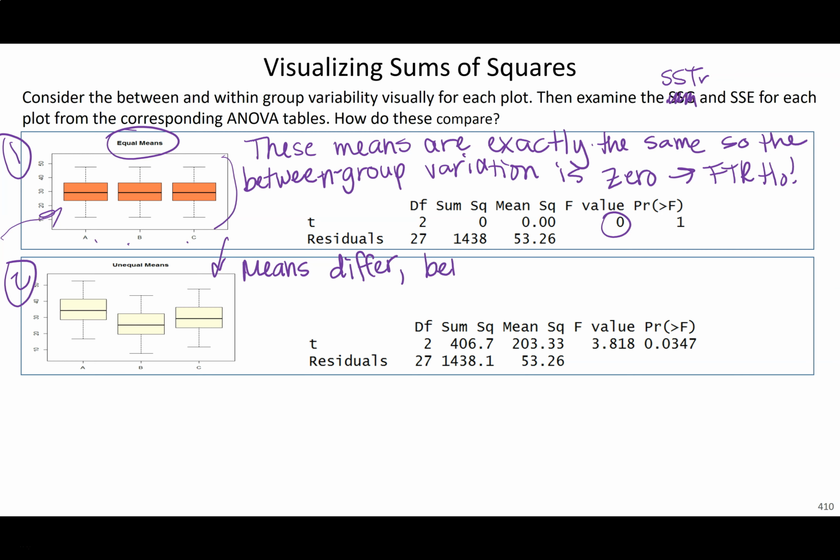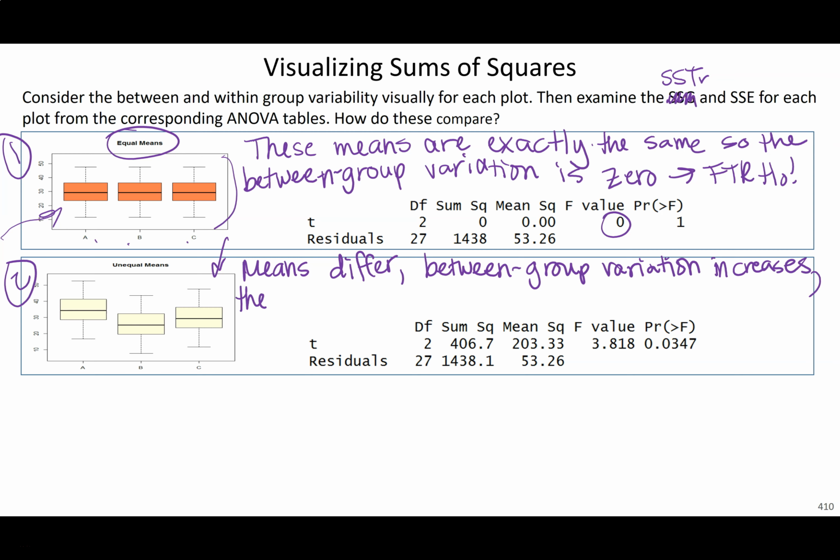The between group variation increases from scenario 1. In particular, the further apart the group means are, the more that'll increase.